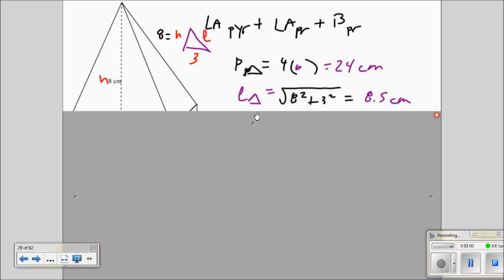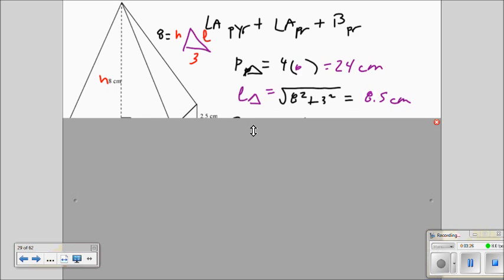And again, I used the shortcut to calculate my slant height. So since I had A and B, I'm supposed to add those two together and take the square root. And my calculation ended up being 8.5 centimeters for my slant height. So now I have everything I need to find the lateral area of my pyramid.